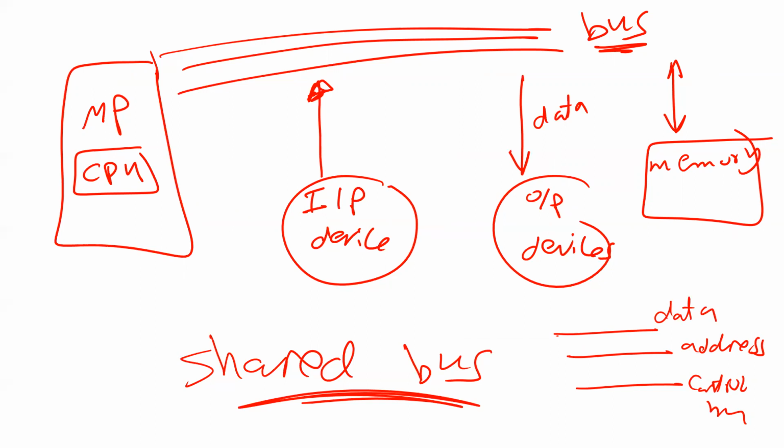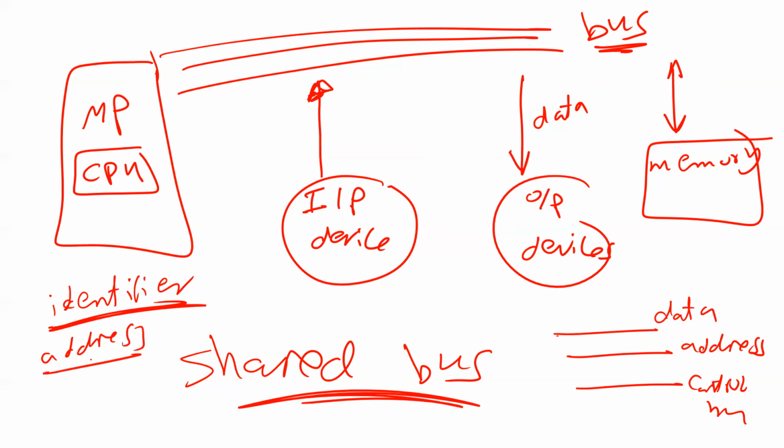So what do we mean by address? I'm going to tell you very easily. Look here, guys. Address means identity. Each input-output device has a unique address, a unique identifier.